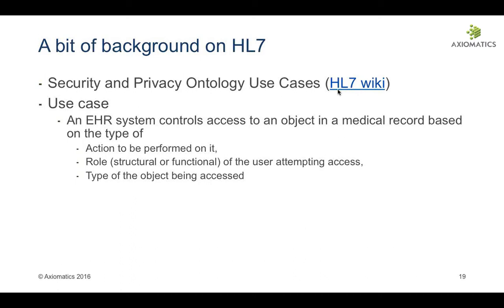So a little bit of background on HL7: it is the security and privacy ontology around healthcare, and defines standardized ways for healthcare systems to communicate with each other and transfer information between different healthcare environments.